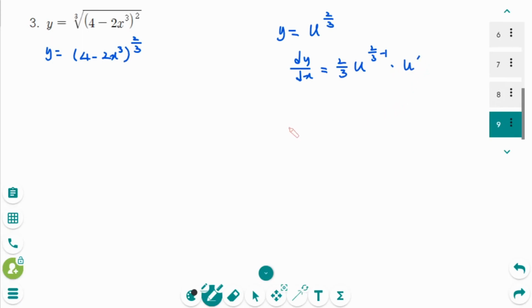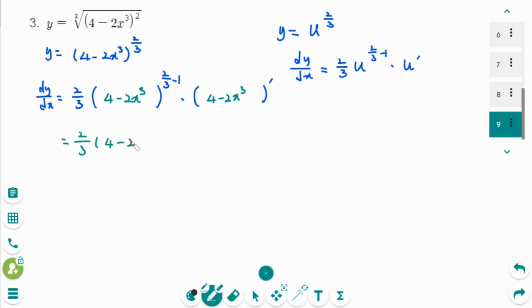Then back to the original, keep the inner function 4 minus 2x cubed. So keep the first one, 2/3 times (4 minus 2x cubed) to the power of minus 1/3.